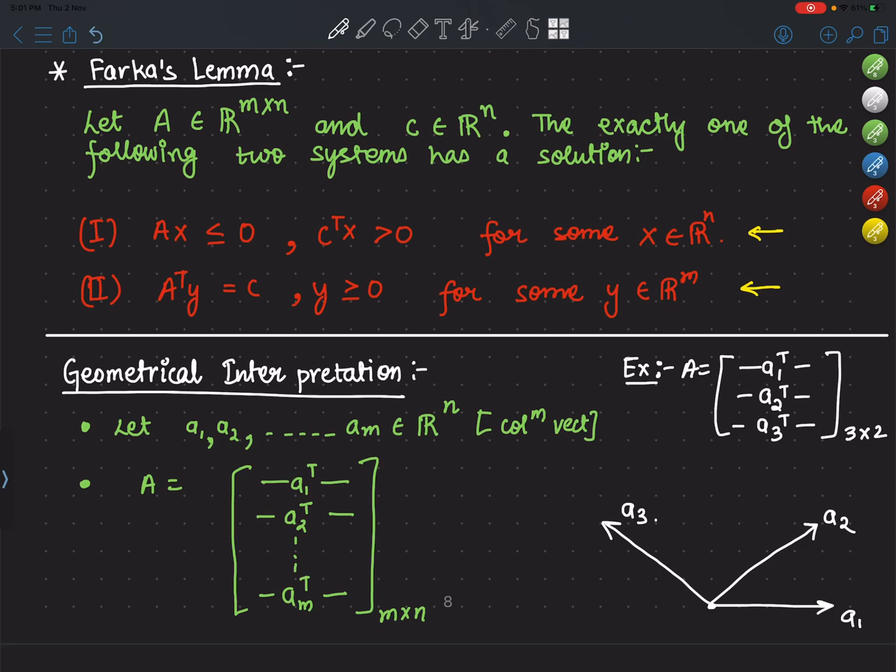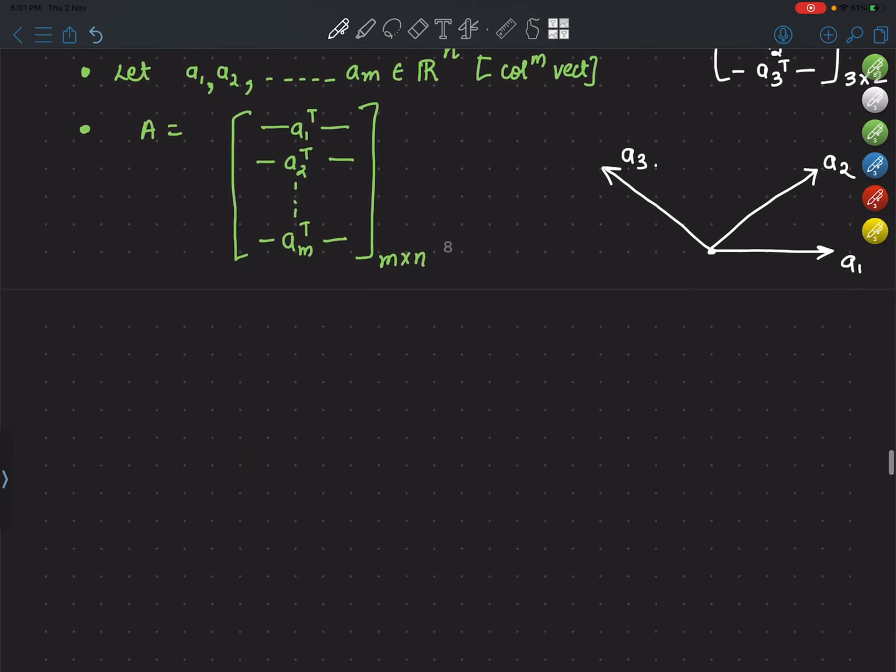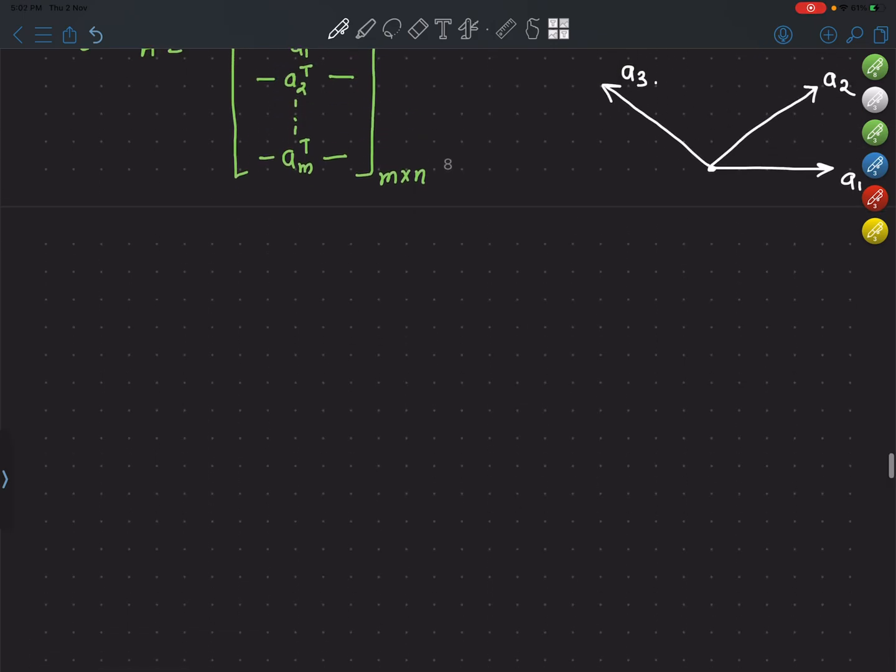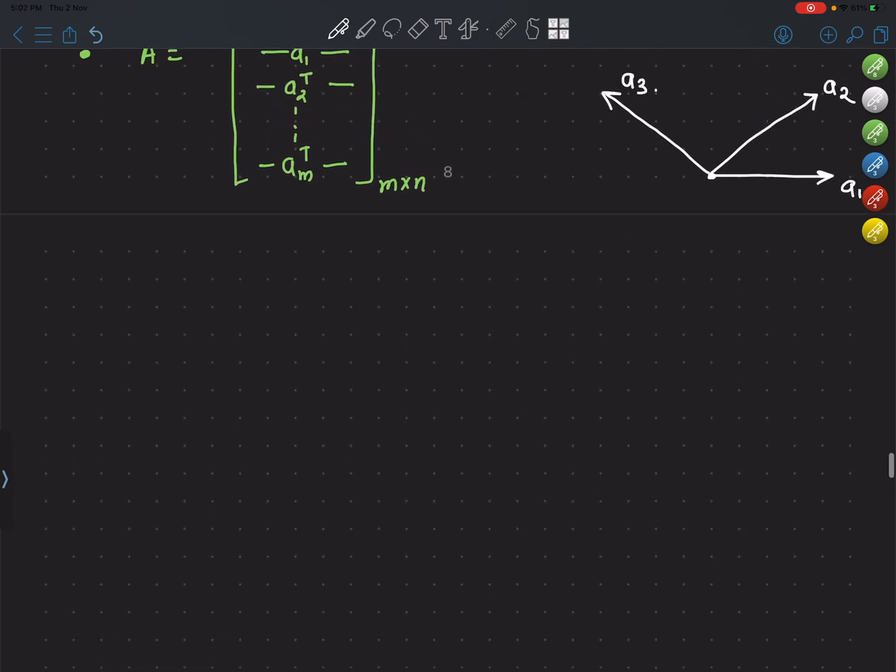Let's assume that A represents something like this. Then the geometrical interpretation tells us that let us draw these vectors first. This is a1, this is a2, this is a3.